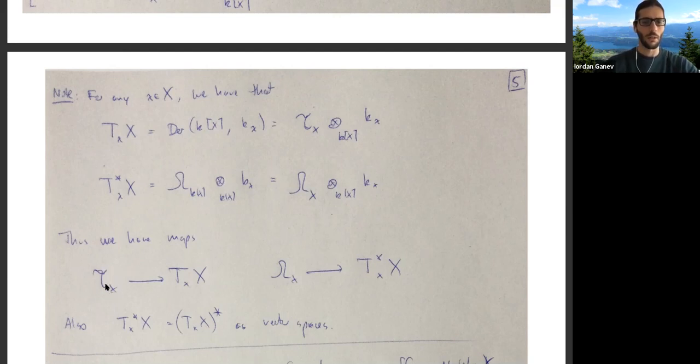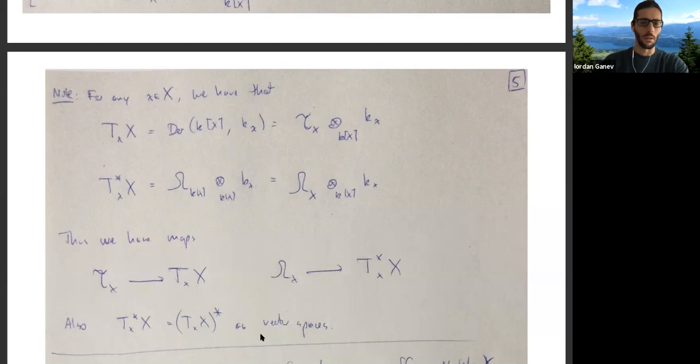So I claim that there's a well-defined map from vector fields to the tangent space at any little x. And this is just given by post-composition with the evaluation map. Hopefully that's clear. And similarly, we get a map from the one forms to the cotangent space, and the cotangent space is the dual to the tangent space at any point.